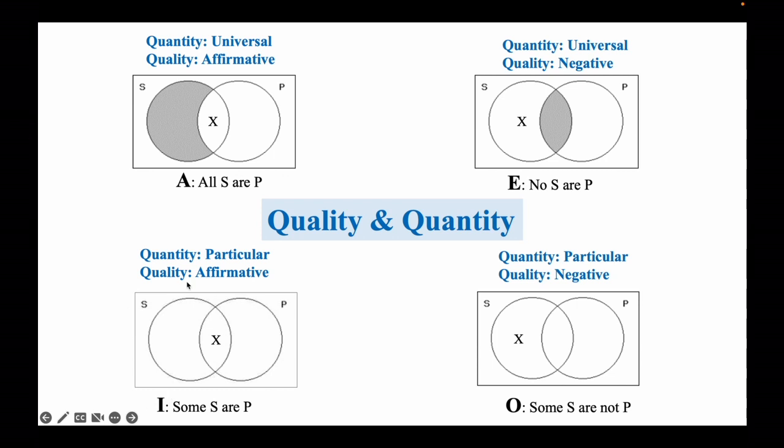The I form states that some S are P, and because it states that only some, it's not a universal statement, it's a particular statement, only a few, only some. And the quality is affirmative. So I is a particular affirmative form, whereas the O form is particular but negative because it denies of some. Some members of S are not members of P.